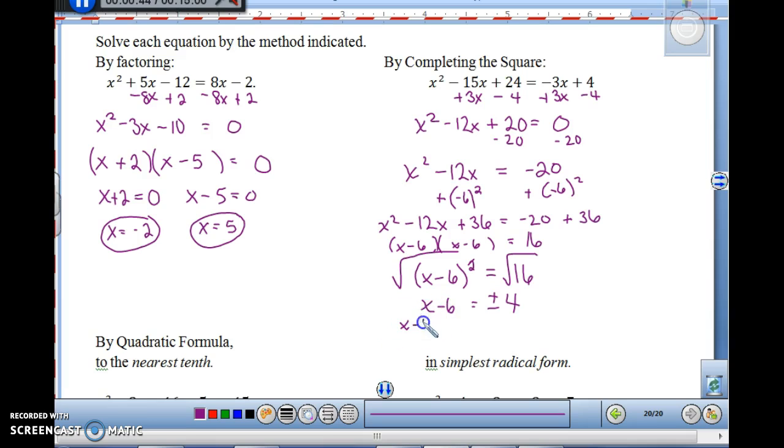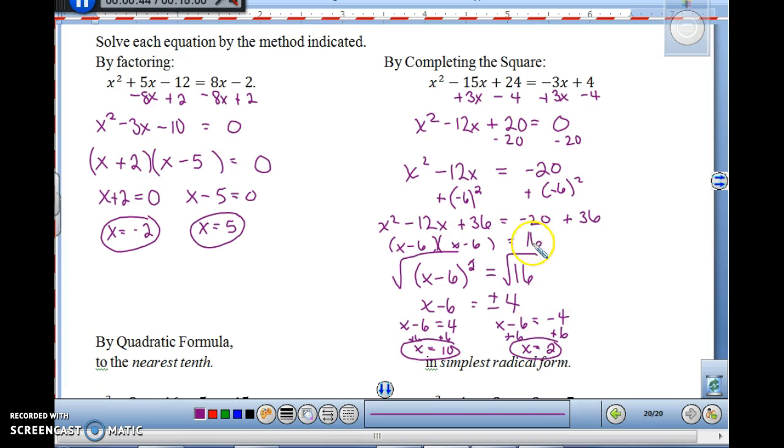I have x minus 6 is equal to positive 4, and I have x minus 6 is equal to negative 4. Solving for x, add the 6, x is equal to 10, and then add the 6 here, x is equal to 2. Okay, so you can see that I could solve this by completing the square.